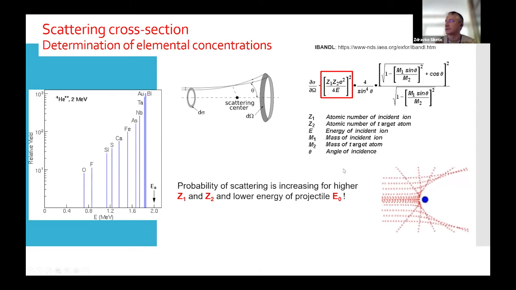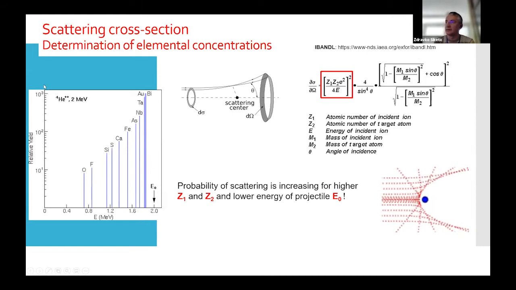This Coulomb scattering is described by the Rutherford formula written here, and it is proportional to the square of the Z of the primary ion beam and the Z of the element inside of the sample, and it is inversely proportional to the square of the energy of the primary ion beam.